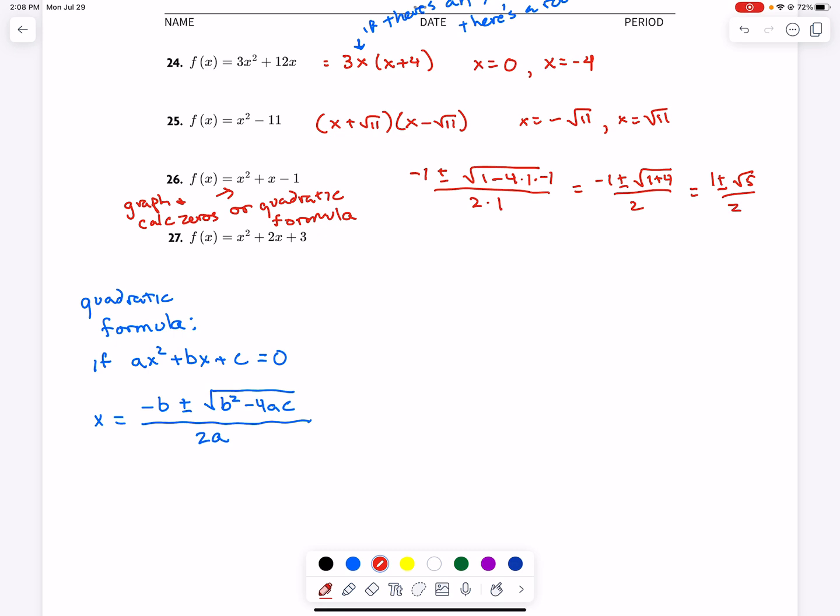Okay, just to remind you, this is two separate answers. 1 plus root 5 all over 2, which is 1.618-ish, and 1 minus root 5 over 2, which is negative 0.618. Okay, this next one I can't graph because it doesn't hit the x-axis.